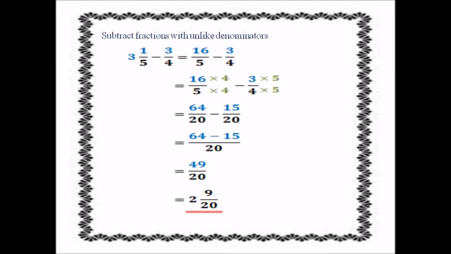So you get 16 by 5 multiplied by 4 and minus 3 by 4 multiplied by 5. So you get 64 by 20 and 15 by 20. So 64 minus 15, 49 by 20. So it will be 2 9 by 20.